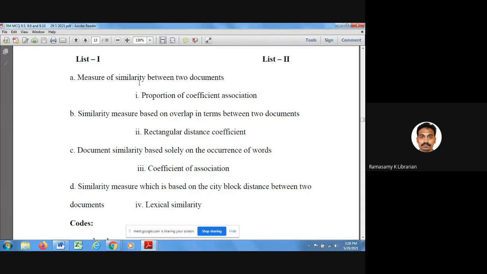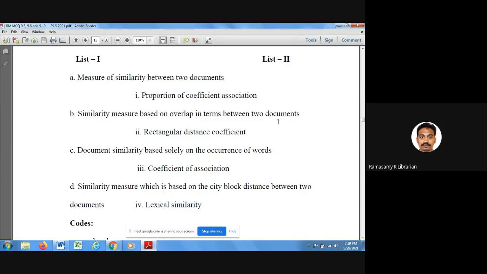Measure of similarity between 2 documents. In general, when you want to see what kind of similarity is there between 2 research papers or 2 documents, that is called the coefficient of association. But when you want to find the similarity measure based on the overlap in terms between 2 documents, you see what terms are overlapping in these 2 documents.